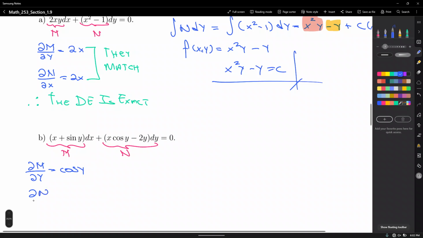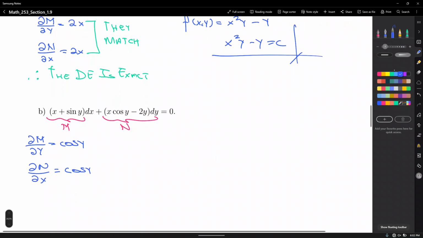Then partial of N with respect to x. Okay, careful here. The derivative of x cosine y with respect to x, well, the derivative of x equals 1 times the multiple constant cosine y, this is simply cosine y, all right? Minus the derivative of 2y with respect to x, well, y is held constant, so that's 0, okay? We don't need to write that 0.